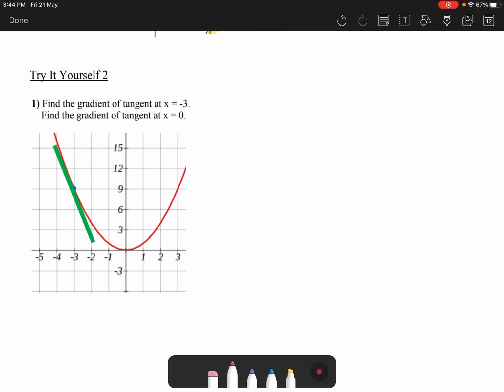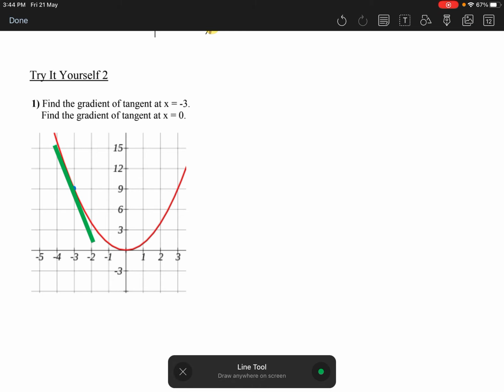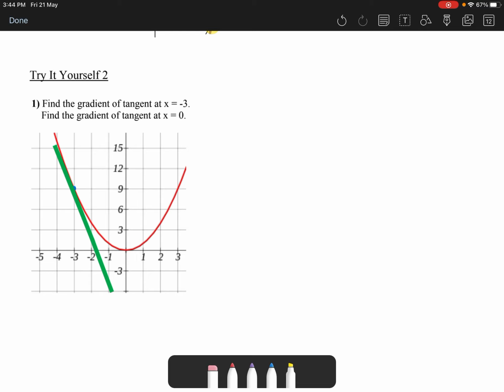The gradient of this tangent is a bit difficult to get. Let's choose an easy one.